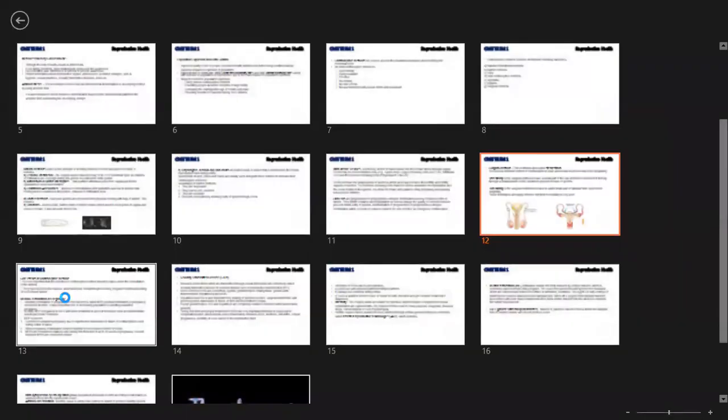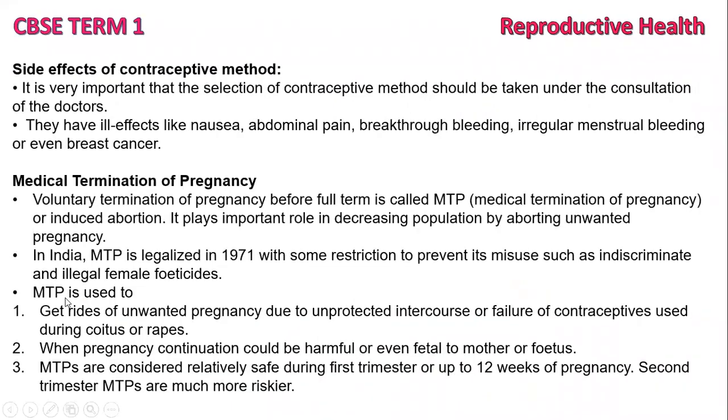Coming on to the next slide, slide number 13 of this chapter, side effects of contraceptives. Till now we have been talking about the advantages and functions of contraceptives, and now we have to talk about the side effects of contraceptive methods. What are the main side effects? It is very important that the selection of a contraceptive method should be done under the consultation of a doctor.